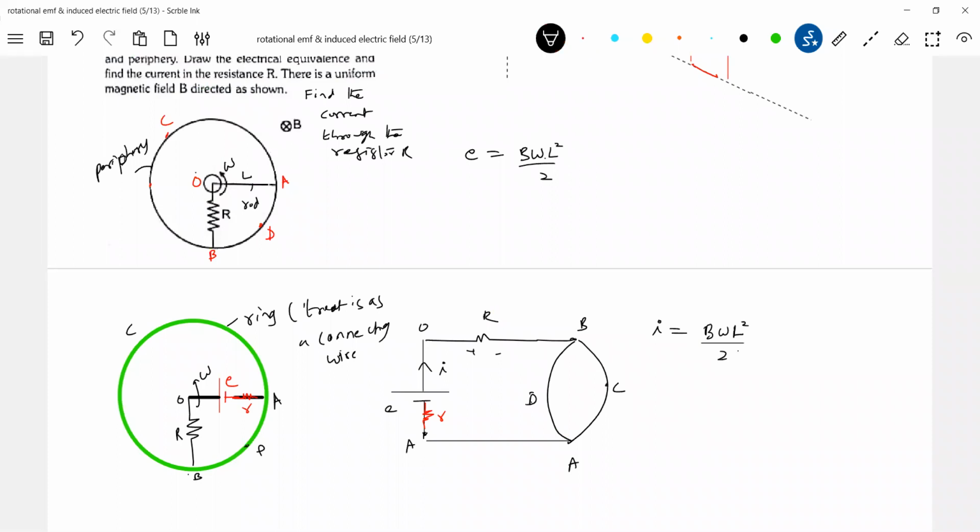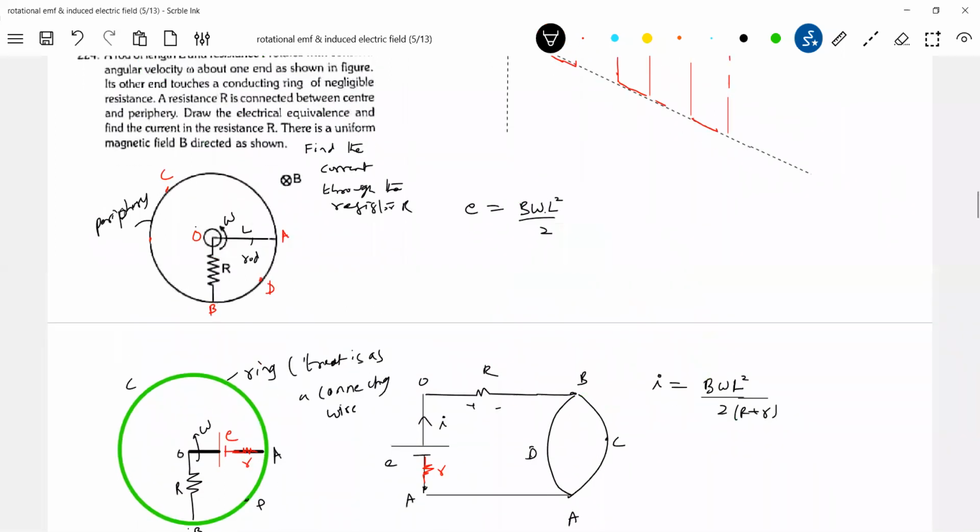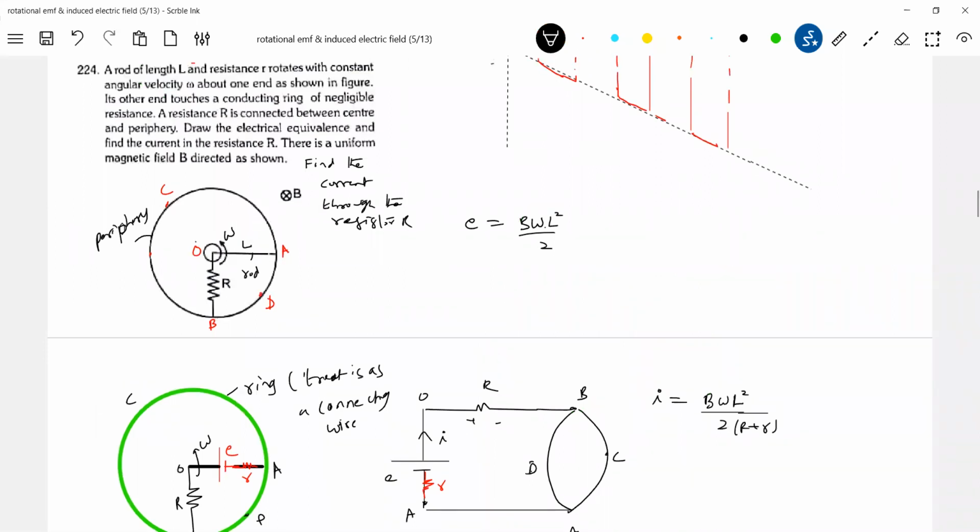I didn't see the resistance of the rod. I'll change the end answer: R plus capital R plus small r. The question is given like this. There's a resistance R. Then bring in the internal resistance of the rod. So this should be the circuit.